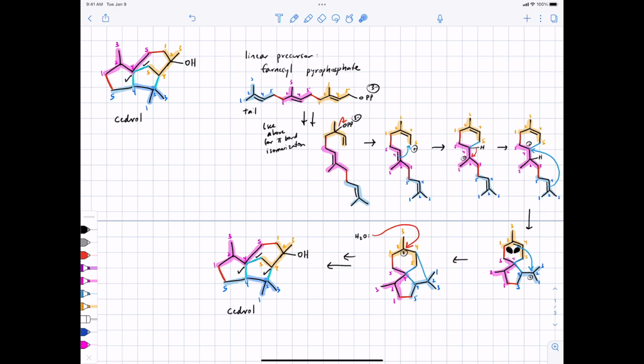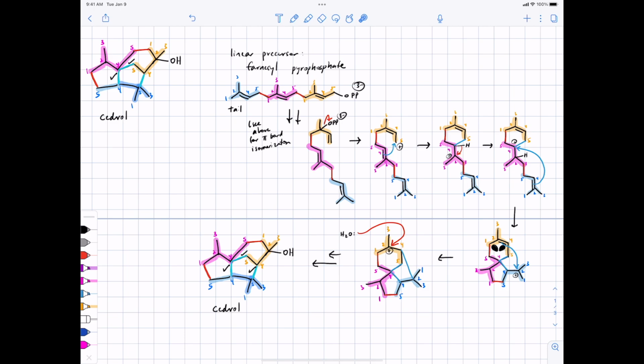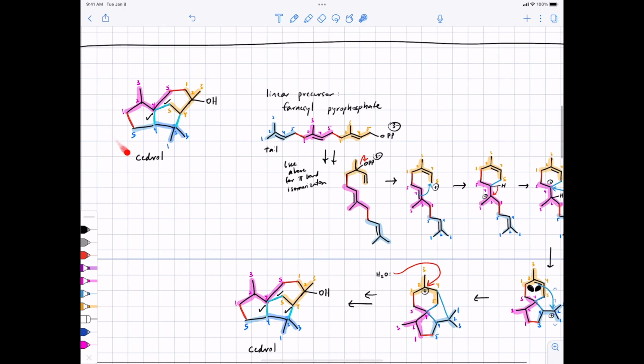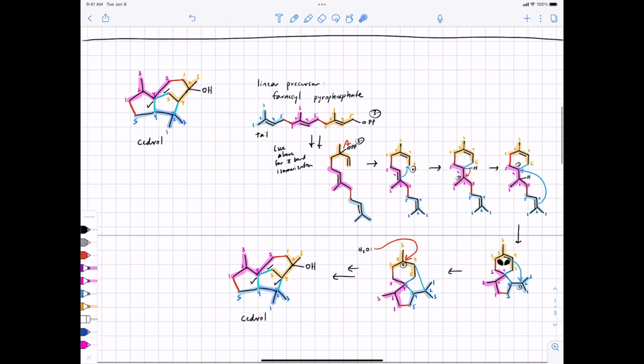Now, there are, of course, enzymes that guide this process, so it's a terrible question for me to say, predict the product and give you farnesyl pyrophosphate, because there's a lot of things that come from that. That's not a good question. What is a good question is to say, first, of the bonds that are here, which ones were in the linear precursor? It's also a good question to say, of the options here of mechanistic steps, which ones give you the right connectivity?